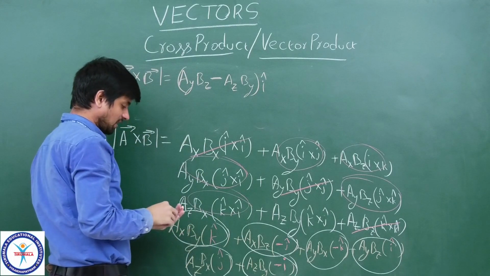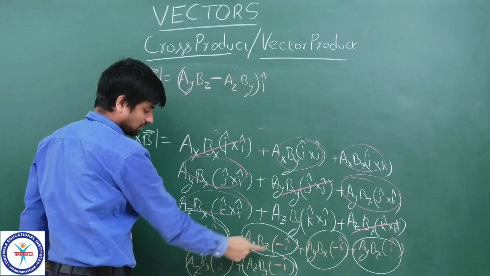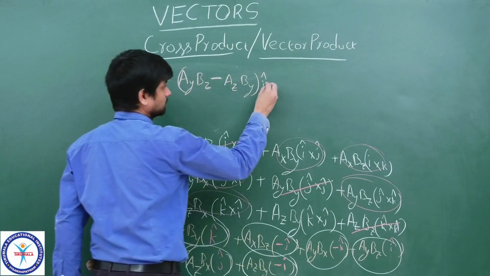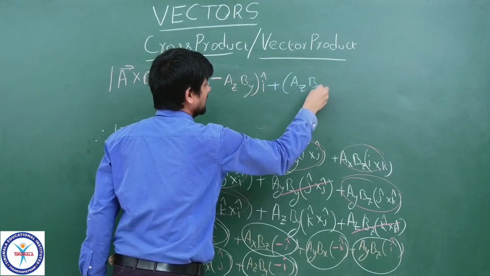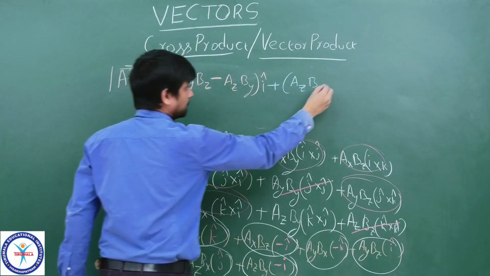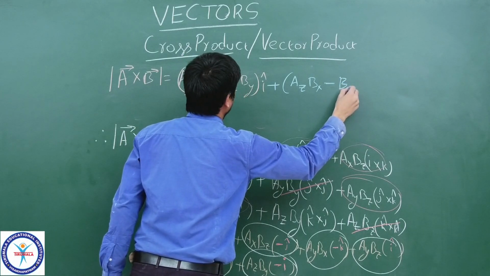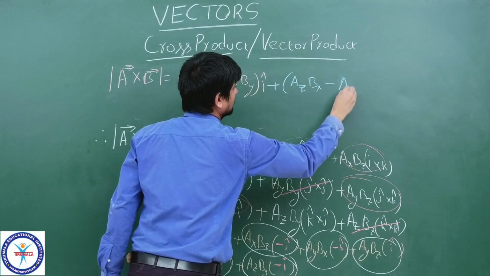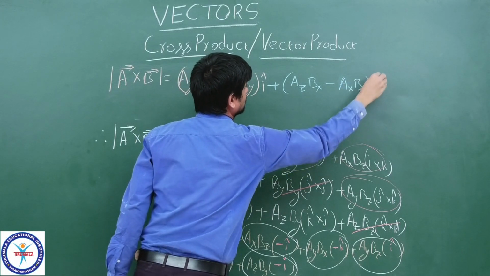In the same way, I am writing the j term with blue. How many j terms? Here this one and this one. So, first plus term az bx, minus ax bz into j.